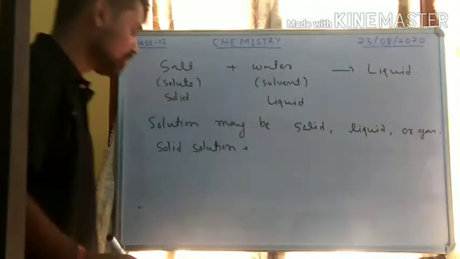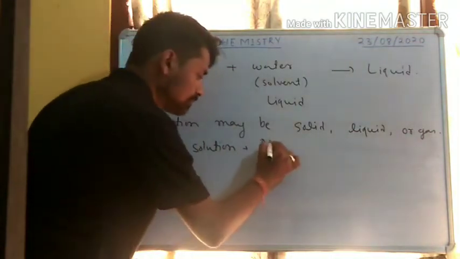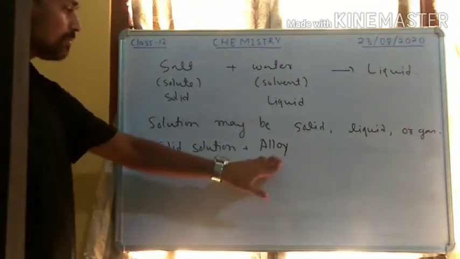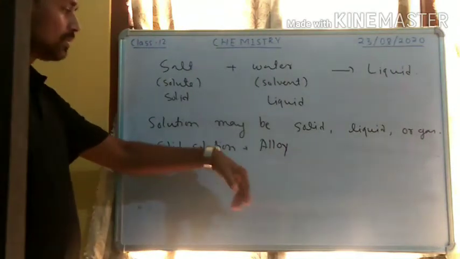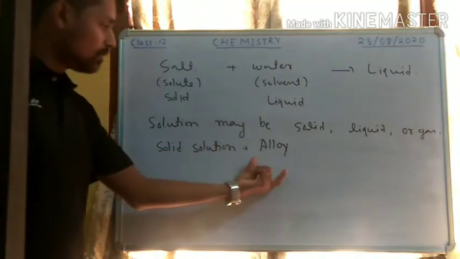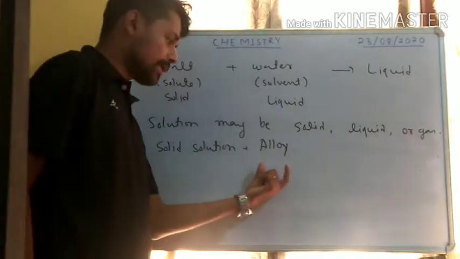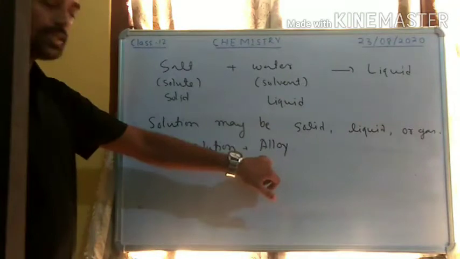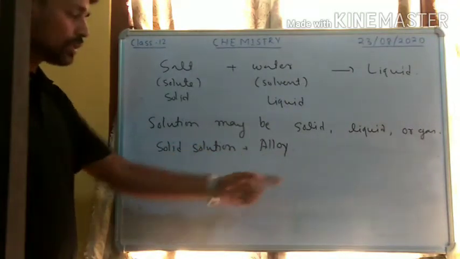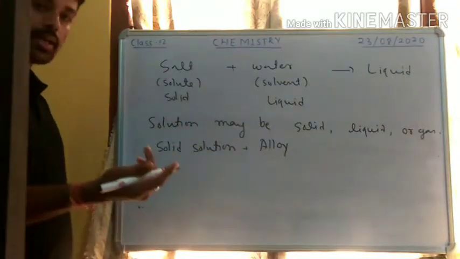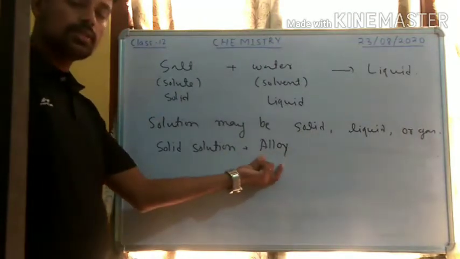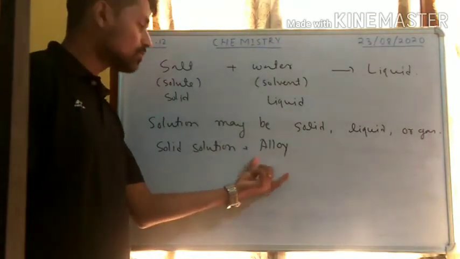An example of solid solution is alloy. We know that alloy is a mixture of metal or metal with non-metal. Steel is an alloy which is solid in nature, and alloy is a solution. So we can say that steel is a solid solution.